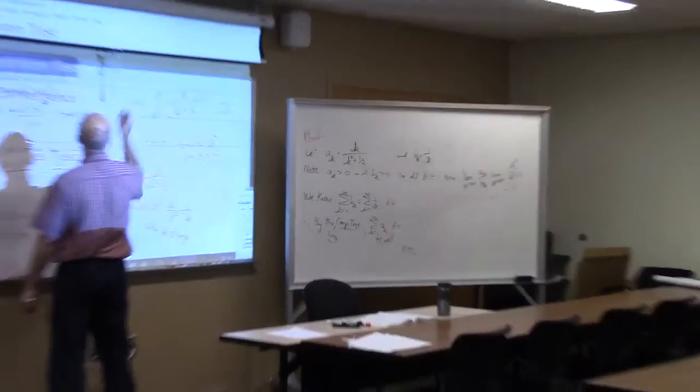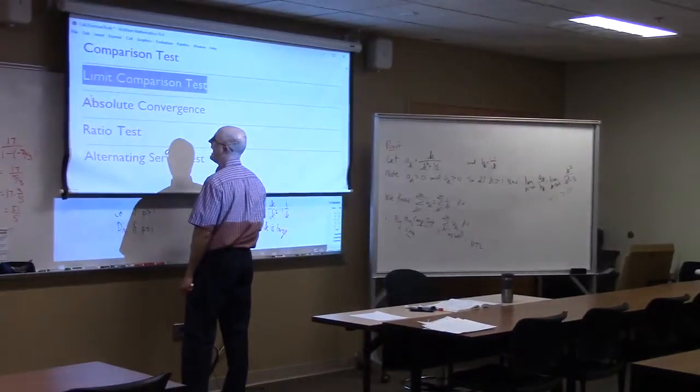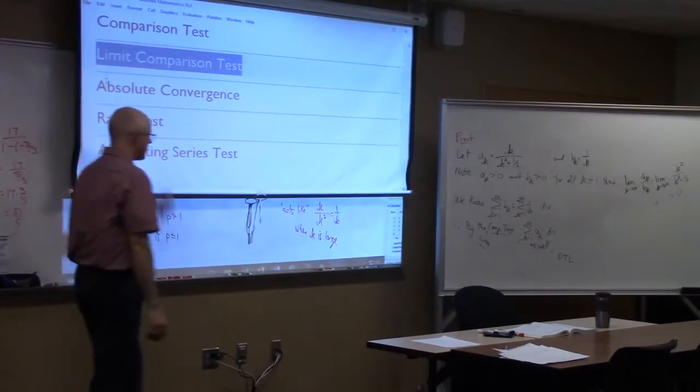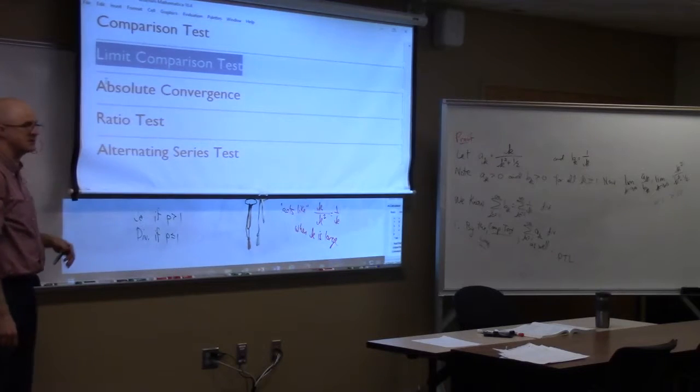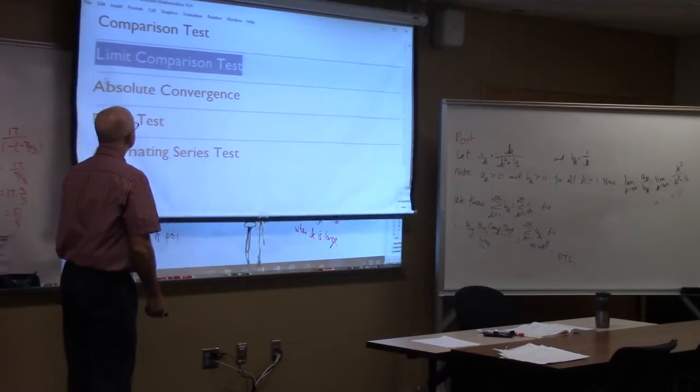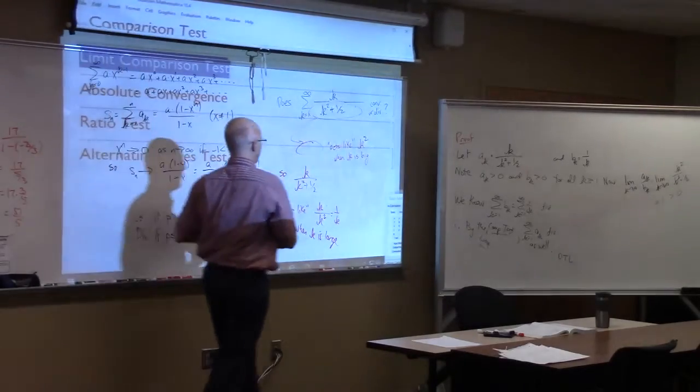All right, what else? Absolute convergence, ratio test, and alternating series test. Actually, let's focus on the last two, and if we have time, we'll look at the absolute convergence. That's the ratio test.